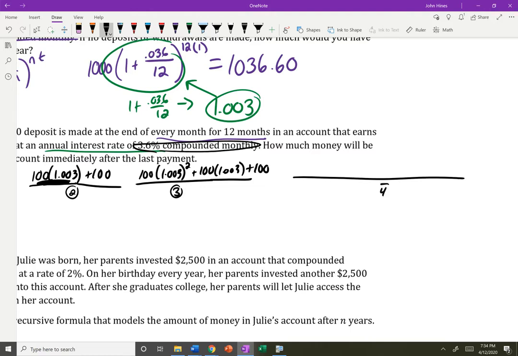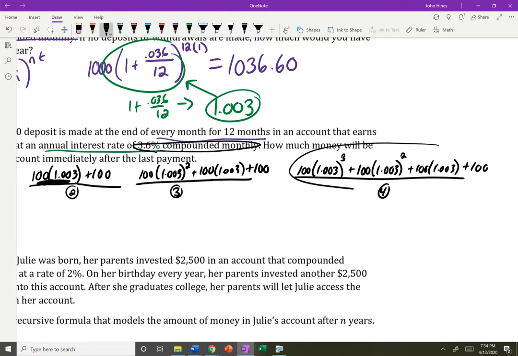Let's go to month 4 and see what happens. The first $100 that I added gets another dose of interest. It was an exponent of 2, now it's an exponent of 3. The next term gets another bit of interest. The $100 I just added gets its first dose of interest, and it's a new month, so I add in $100.